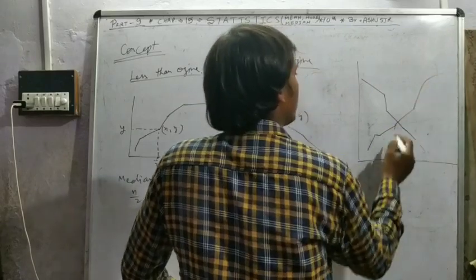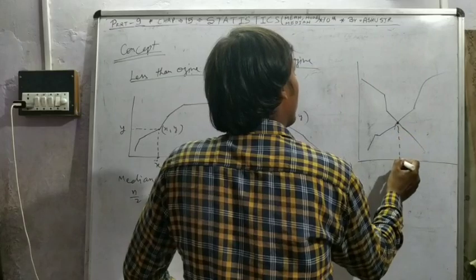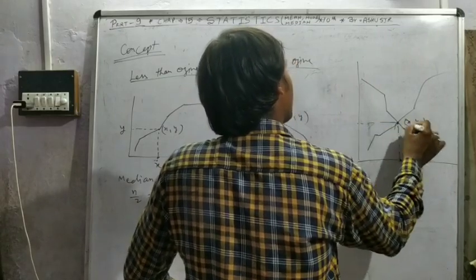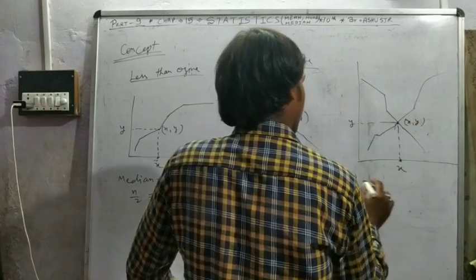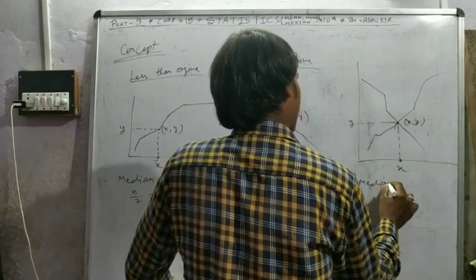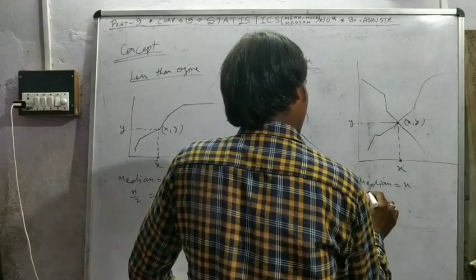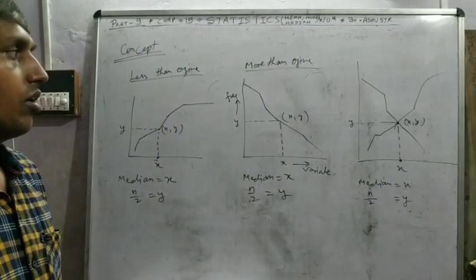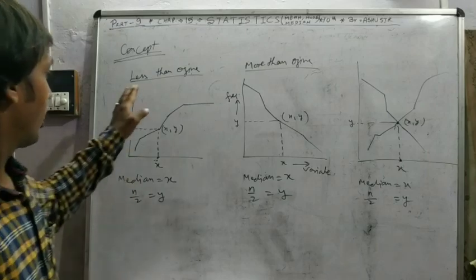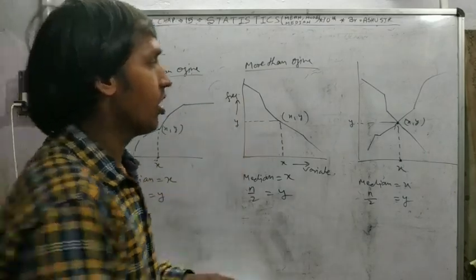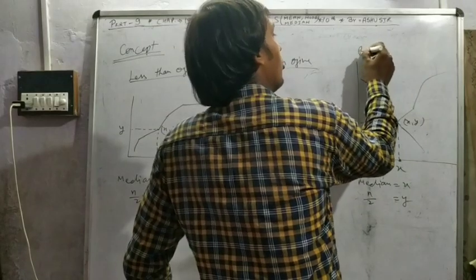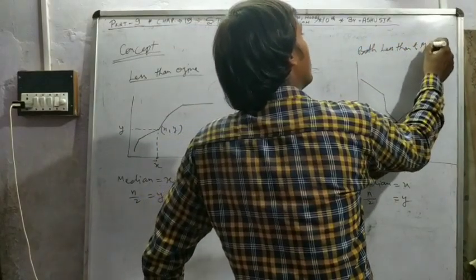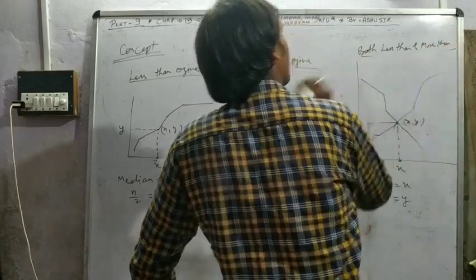And if you combine the figures, suppose that, there also we draw x, y, same, n by 2, for the less than ogive, more than ogive, and both less than and more than.